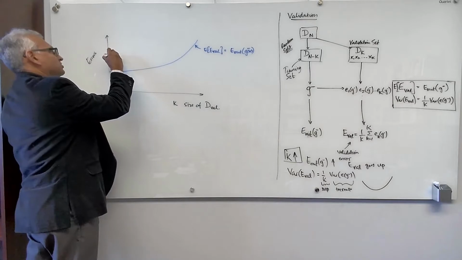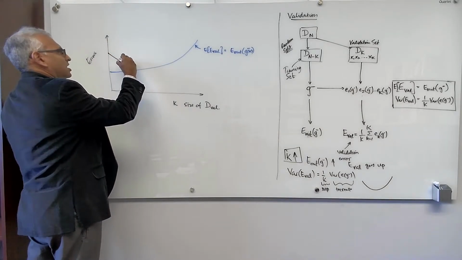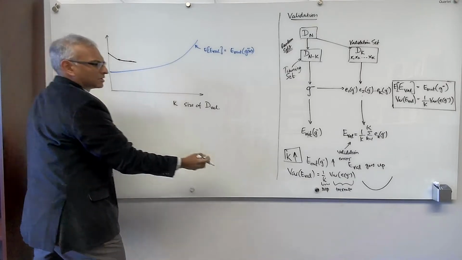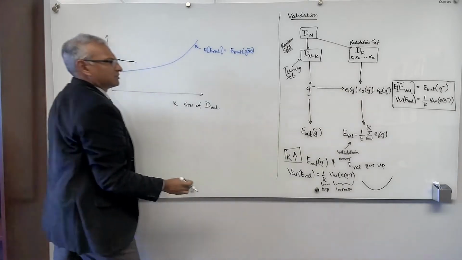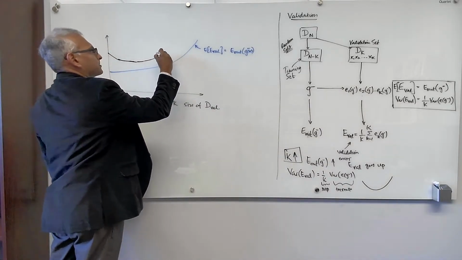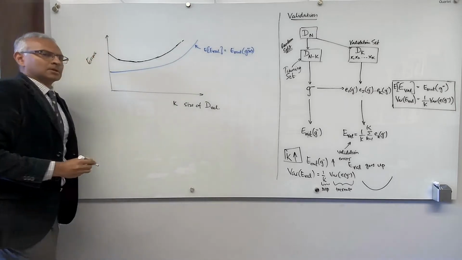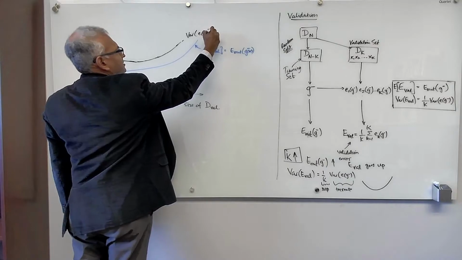So the variance initially drops, and then once you start getting a more and more deficient hypothesis, the variance of the errors that the hypothesis makes starts to increase. And this is the variance of E_val.